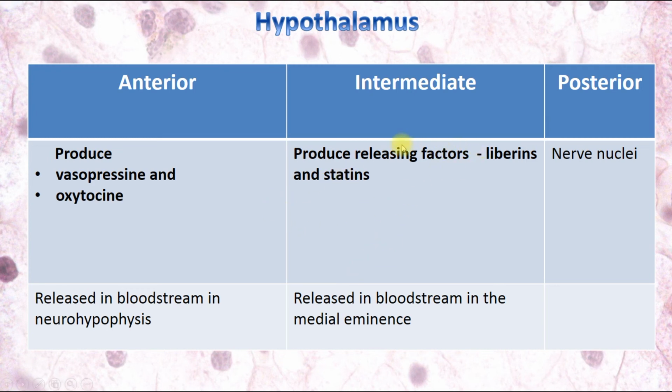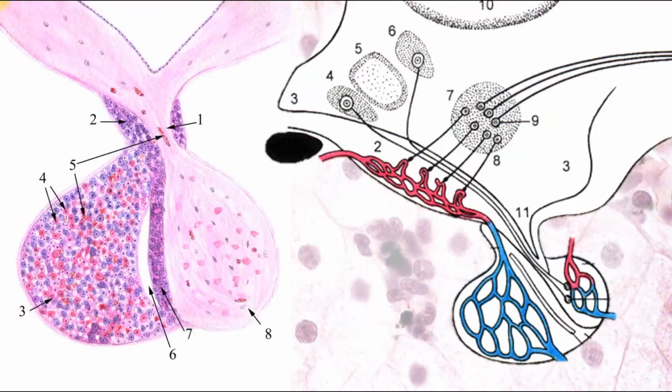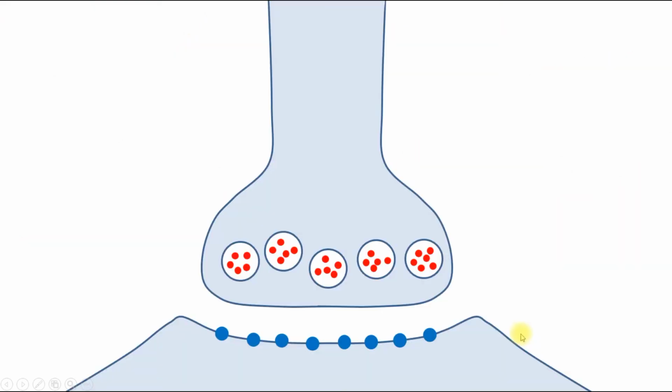There are 2 kinds of releasing factors. Liberins increase activity of troph cells of the adenohypophysis, and statins decrease their activity. They are released into the bloodstream in the median eminence, and then they get to the adenohypophysis. So here we can see the median eminence, and then hormones going to the adenohypophysis.